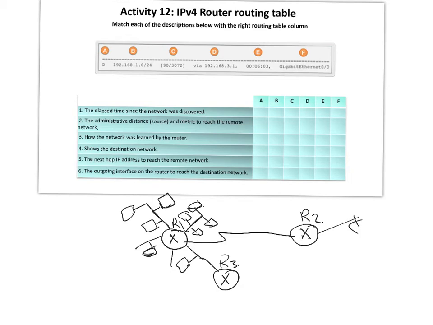Router 2 has also some LANs. Router 3 has also some LANs, okay? So router 1 is the one that we need to focus on now. Router 1 now needs to know how to route packets based on the destination address.